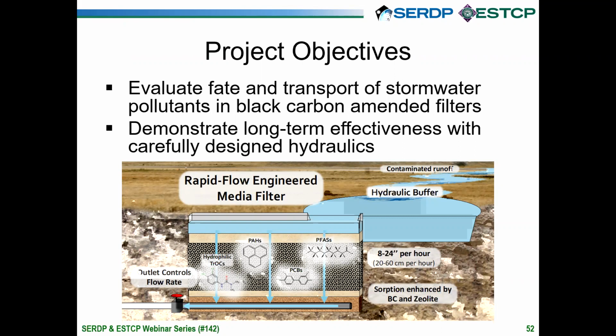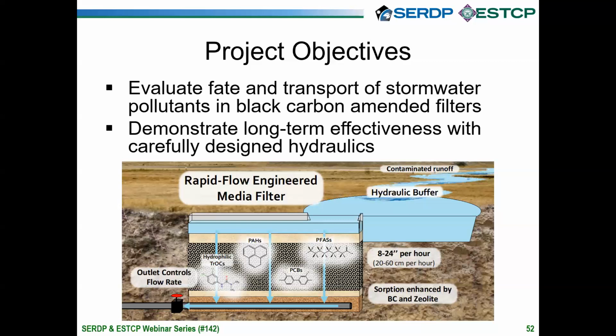Our work here is to look at the effectiveness of these materials for a suite of contaminants at these higher flow rates, and conduct long-term studies so we can predict the effectiveness over many pore volumes.